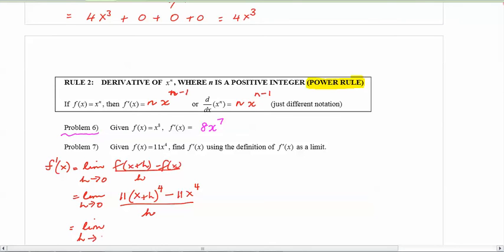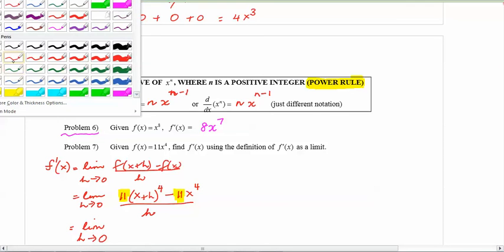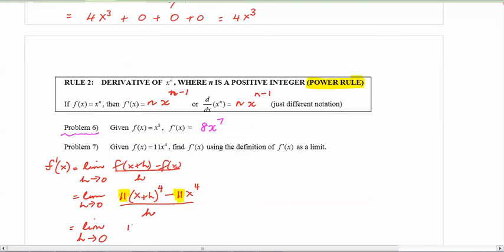Look at that numerator. I have got a common factor in that numerator, and the common factor is 11. So let me factor that out, and I'm left with x plus h to the 4th minus x to the 4th, and it's all over h.